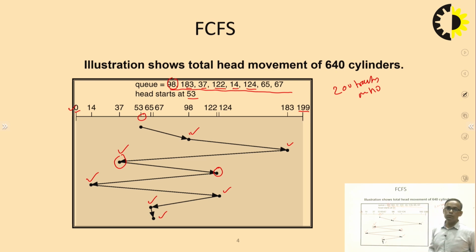In this case, when we calculate the total, this is the total movement of the read write head. Now we have to calculate this total movement. How will we calculate it?